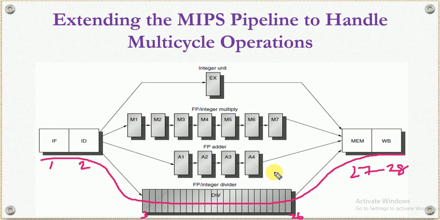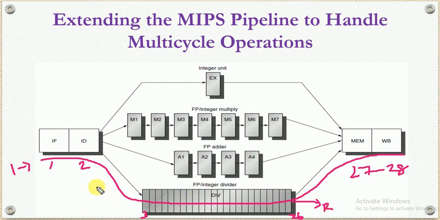So this is the first instruction that will go through this path. It will produce the result only after the completion of this entire division. So this is totally 24 clock cycles for the completion of div. So here the result will be produced.